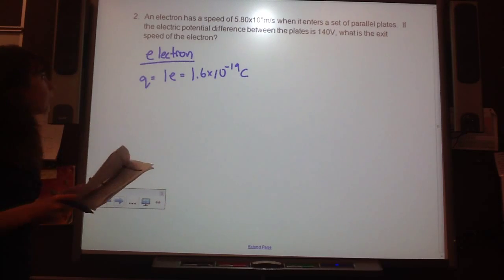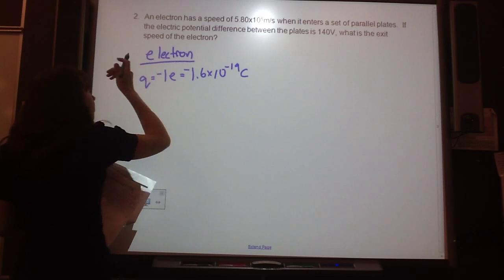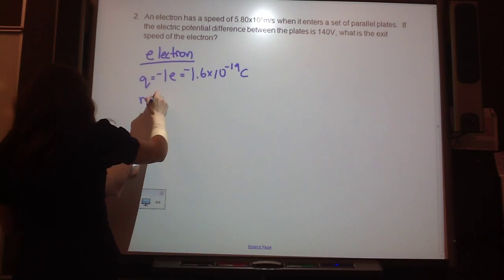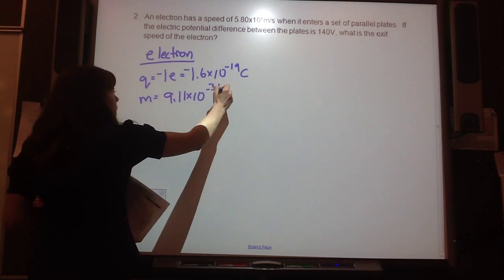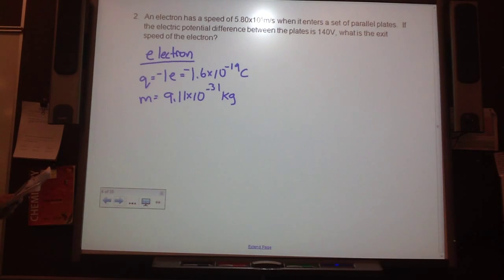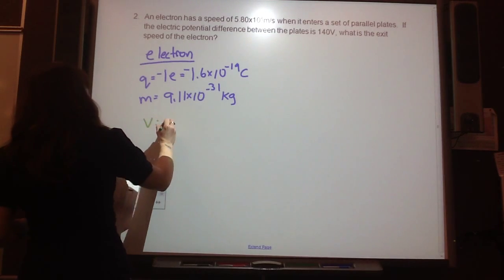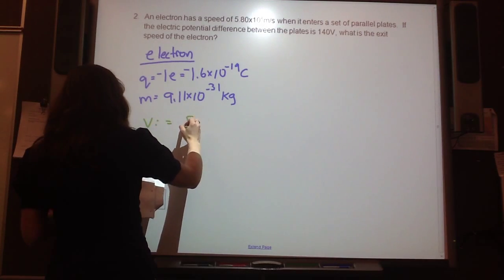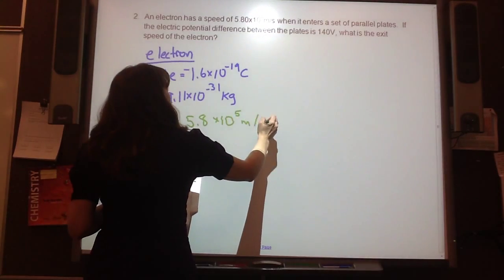And then we're told its mass is 9.11 times 10 to the negative 31 kilograms. Now it says it has a speed of 5.8 times 10 to the 5 meters per second. So that's our initial speed because it's going to change. So VI is 5.8 times 10 to the 5 meters per second.